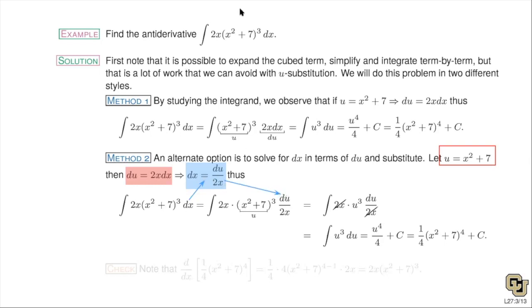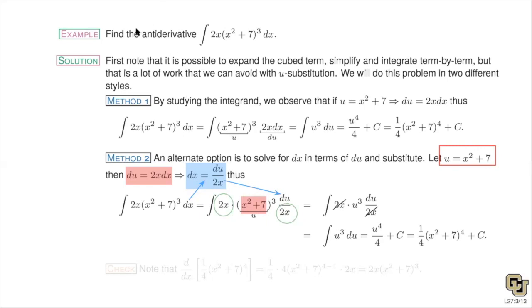The x squared plus 7, as before, we're going to replace with u. And the 2x we notice will cancel with the 2x in the denominator.